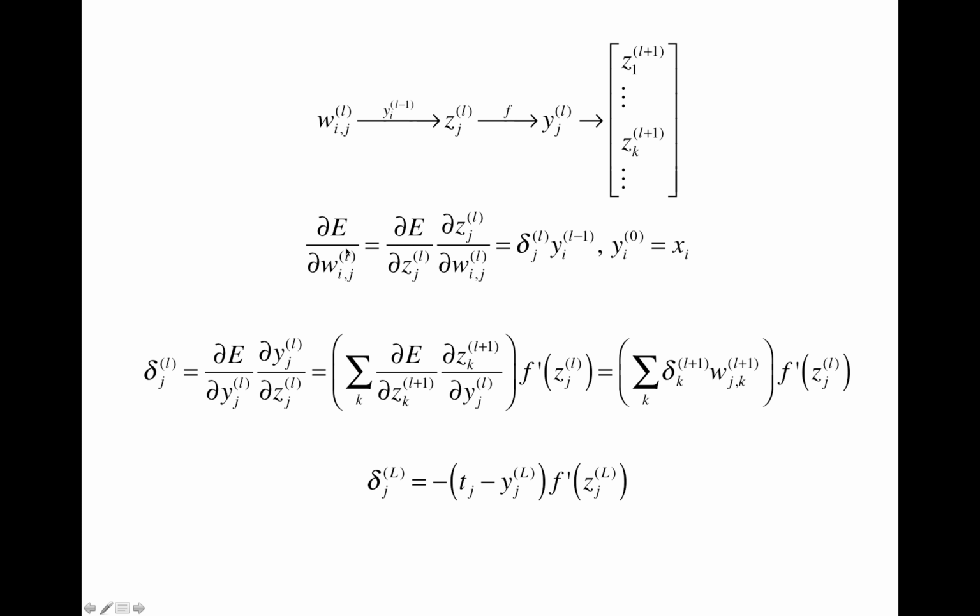Let's look at the kind of calculations that this weight W^L_ij has to go through. This weight must first multiply with y^(L−1)_i, the output coming from the lower layer.